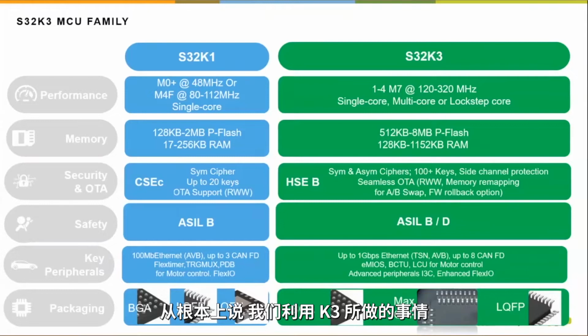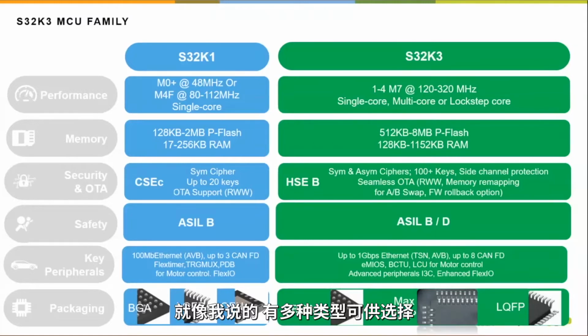Essentially what we've done with the K3 is extend the range of the portfolio across multiple areas in terms of performance. We've introduced single, multi-core and lockstep core versions, all built upon the ARM Cortex-M7 core, which, as you may well know, is a superset of the instruction set architecture used on the M4F and M0 Plus cores that are used on the K1 family. So there's a high degree of compatibility there.